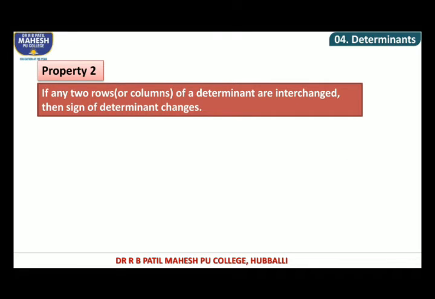But here only any two rows or any two columns. It is not necessary to transpose. Here it is just interchanging any two rows or any two columns, then the sign of the determinant changes. So here we will verify this property also, and after that you can get the meaning of this property.